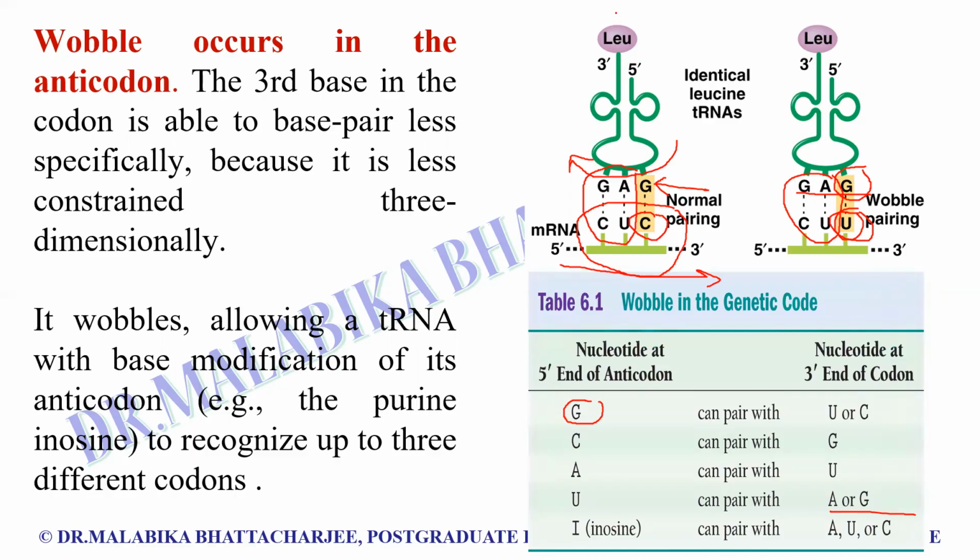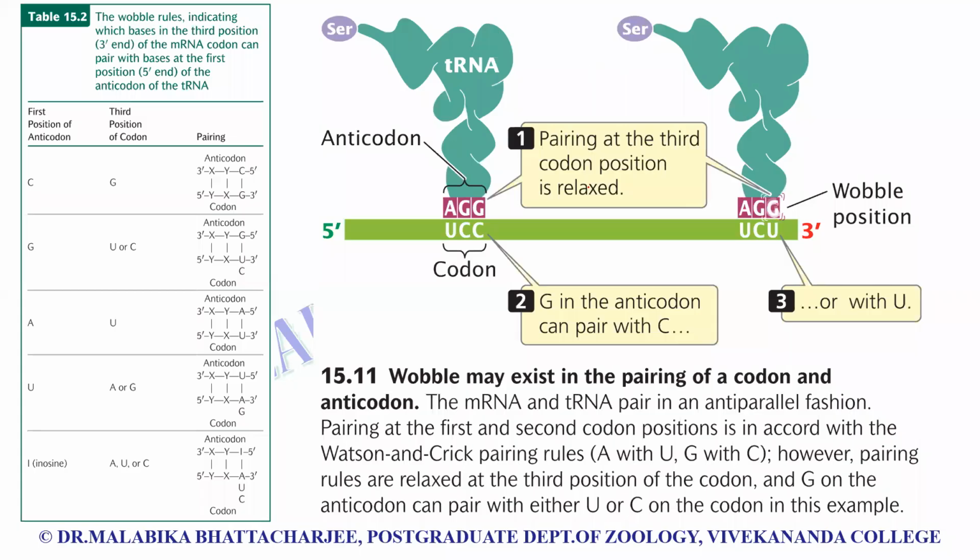So this is about the wobble hypothesis. Summarizing, as I said, the 3' end of the codon and the 5' end of the anticodon, that third base pairing is a bit relaxed and wobbling occurs.